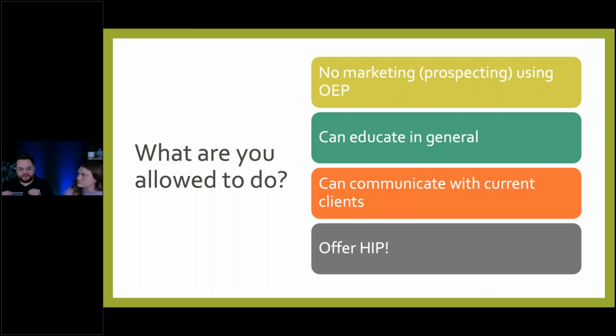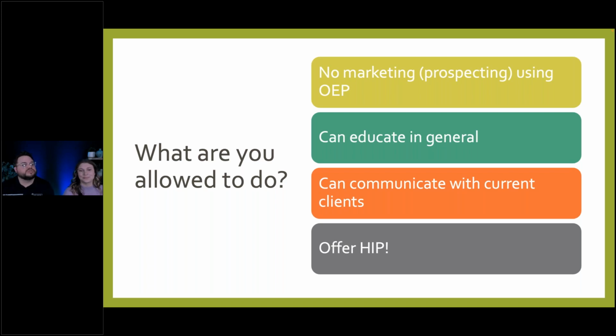And where I already feel the confusion will be is, okay, so I can't get any new people via OEP, and that's not true. What it is is marketing. How marketing is defined is there's specific messaging going out with some product details and trying to bring somebody back to you. Educating is giving them that same information and leaving it out there.